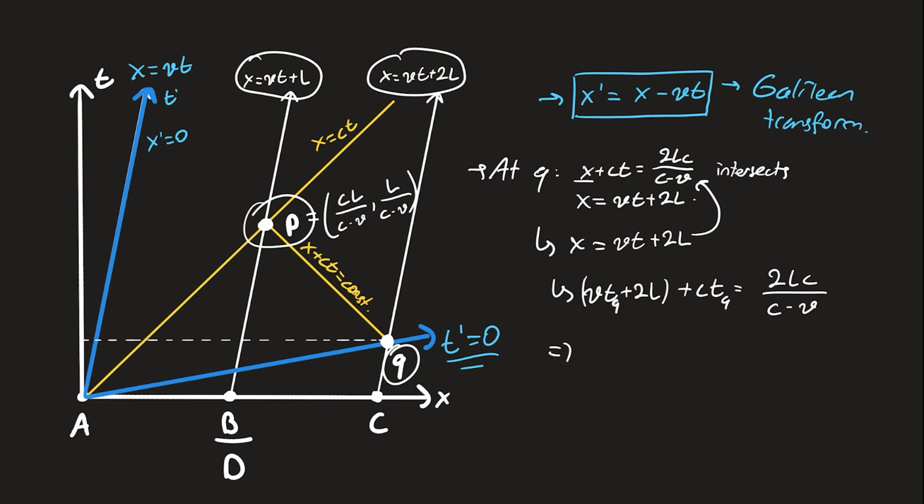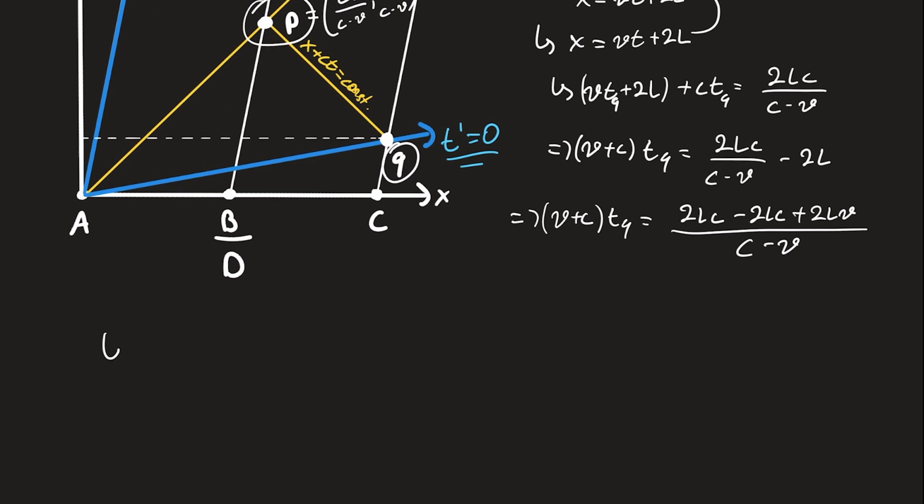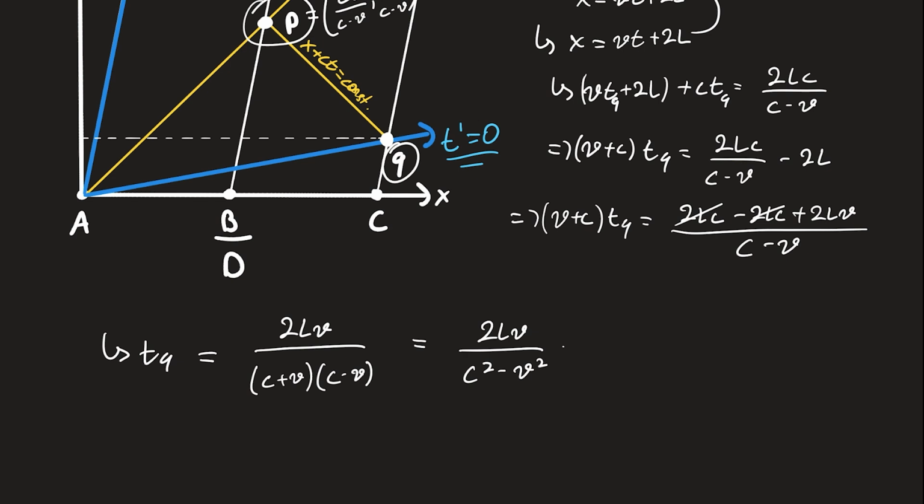And if we factor all of this, we get v plus c times tq is equal to 2Lc over c minus v minus 2L. We have to multiply that minus 2L by c minus v. So we get the right hand side, 2Lc minus 2Lc plus 2Lv. Those Lc's cancel out, and we get that tq is equal to 2Lv over c plus v, c minus v, that is c squared minus v squared.